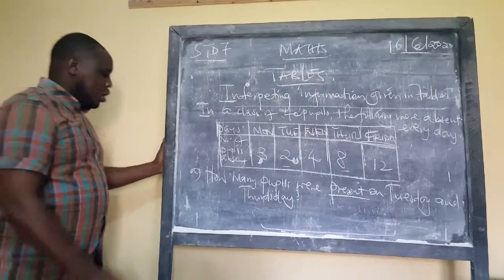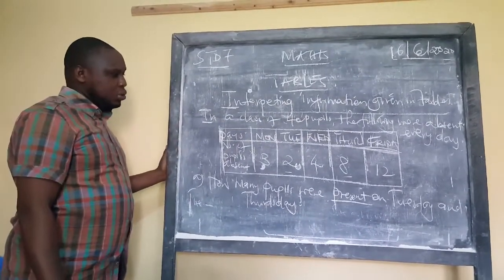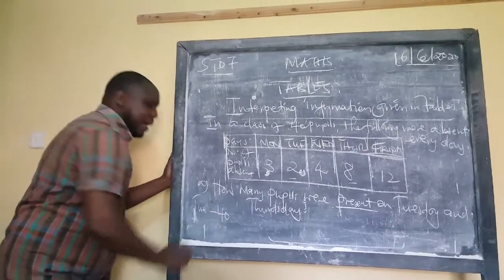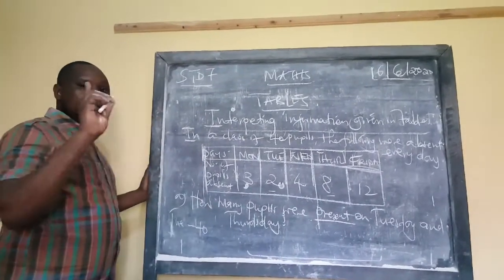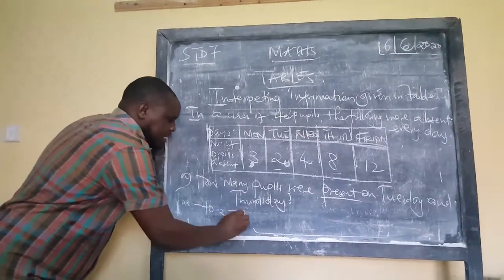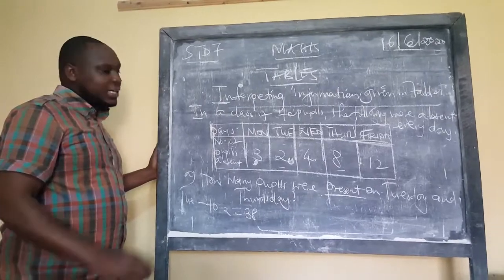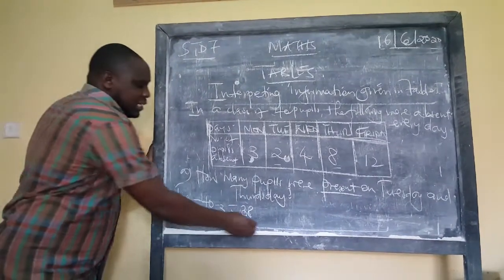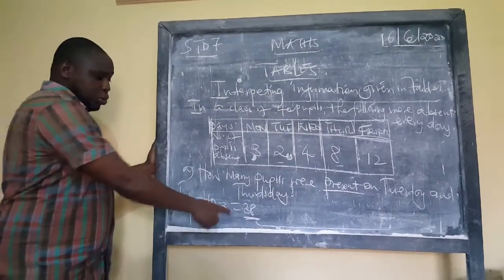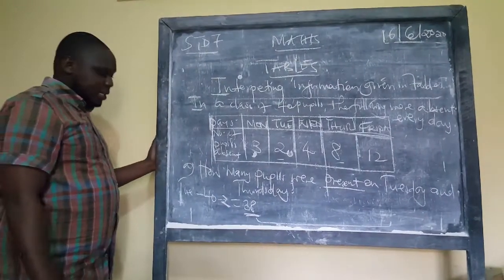So for you to get the total number of pupils present on Tuesday, you get the total number of pupils per class, because the class is having 40 pupils. Meaning that if 2 are absent, that means that 38 are present on that particular day, Tuesday. So 38 were present. Not 2, 38, because these two are the ones who are absent.